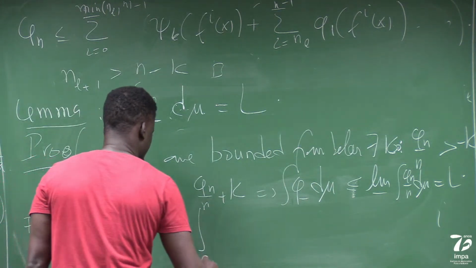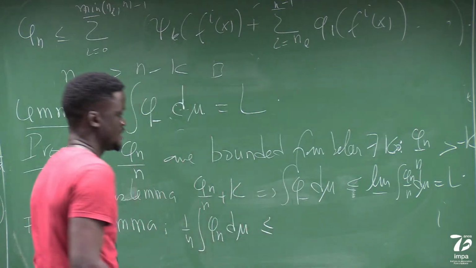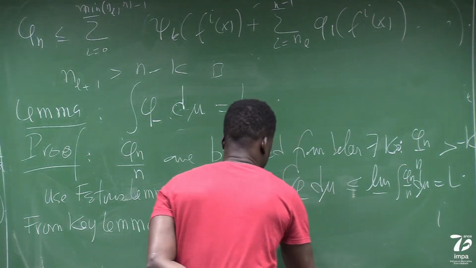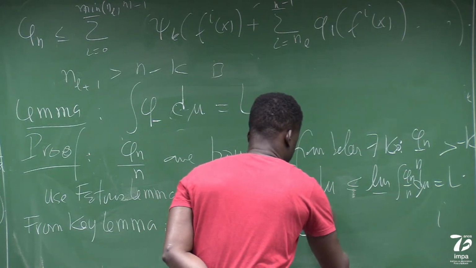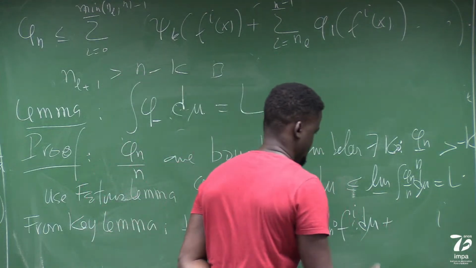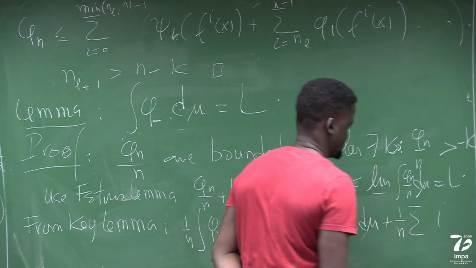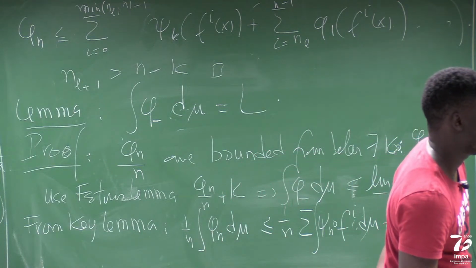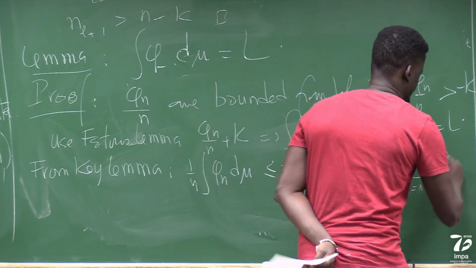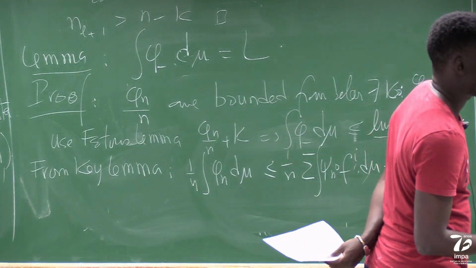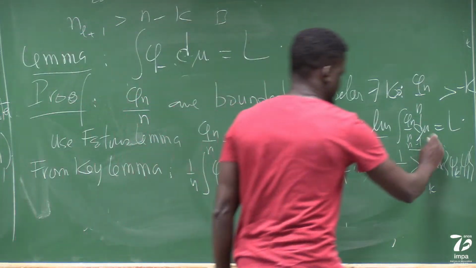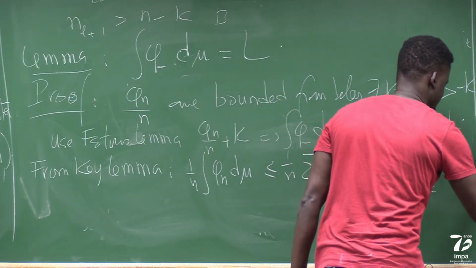We have 1 over n, the integral of phi n d mu, is less than 1 over n, the sum of phi k composed with f^i d mu, plus 1 over n, the sum of the max, i equals n minus k to n minus 1, the maximum between phi k and phi 1. This is the integral of f^i d mu.